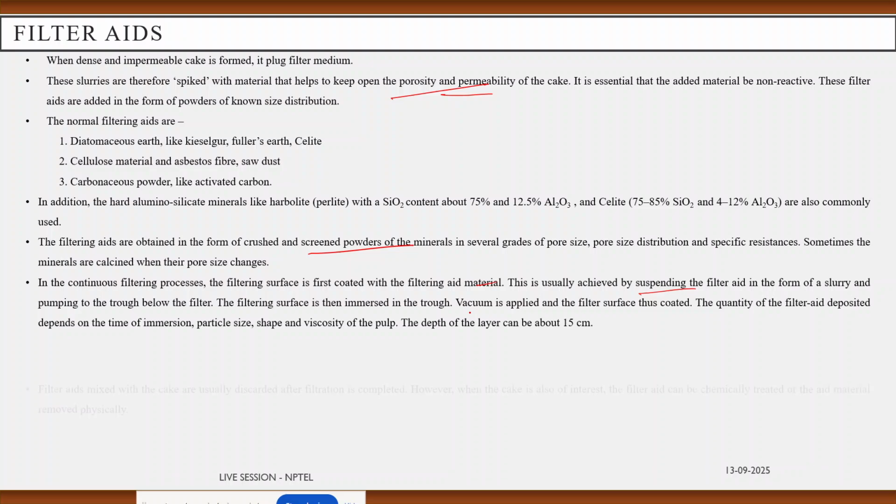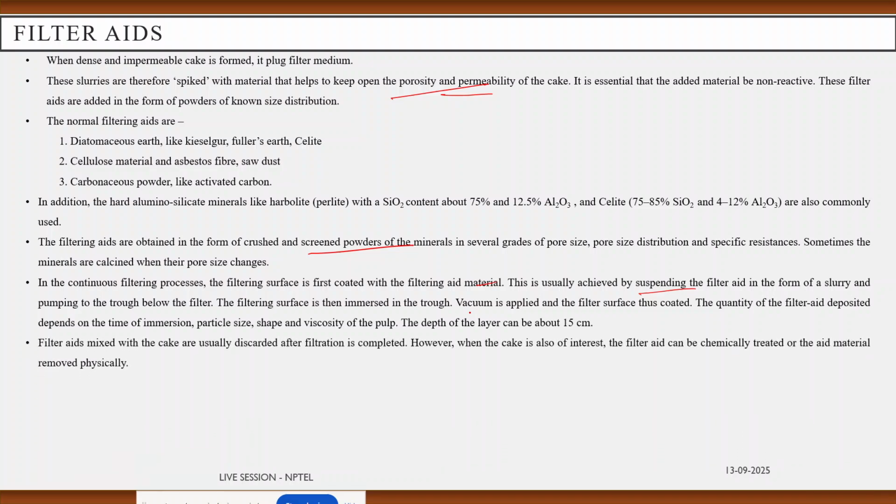In this way it is coated, or the aid can be mixed with the cake and usually discarded after filtration. If the cake is of importance to you, then the filter aid can be chemically treated or physically removed.